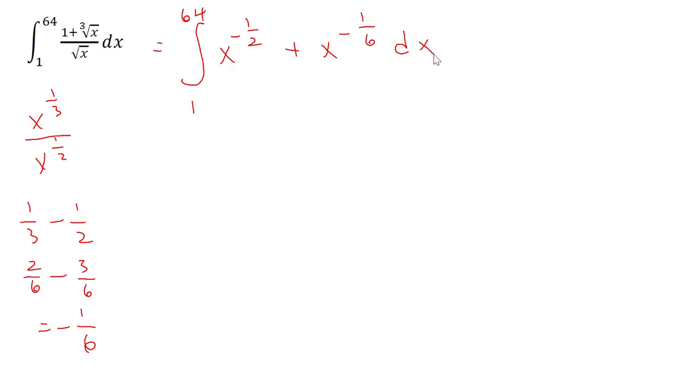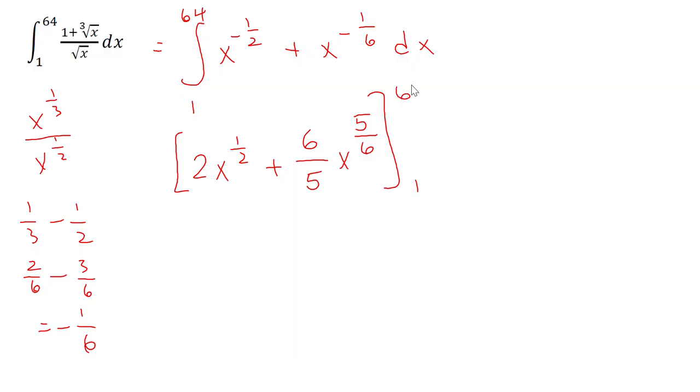Now we'll just integrate. The integral of x to the negative 1/2 goes up to be x to the 1/2. And then we multiply by 2, because that's the reciprocal of 1/2. And then the x to the negative 1/6 will go up to be x to the 5/6. And then we'll divide by 5/6 or multiply by 6/5. And so now we'll evaluate that from 1 to 64.